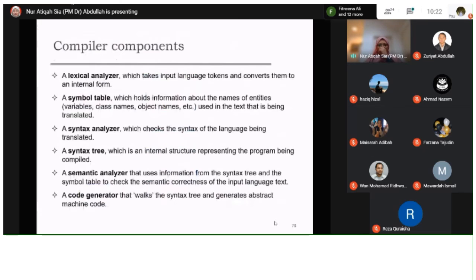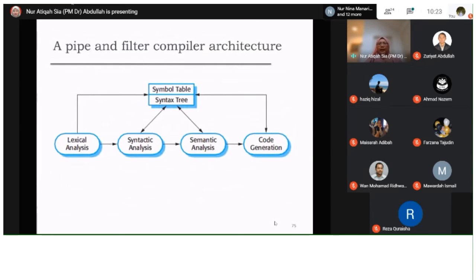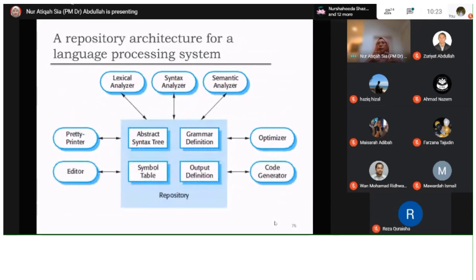Ini adalah compiler components, komponen yang perlu ada untuk sesuatu compiler. Dia kenal pasti komponen apa yang perlu dalam sesuatu application. Tetapi nak guna pattern apa? Dia boleh guna pattern pipe filter, boleh guna pattern repository. Faham tak?